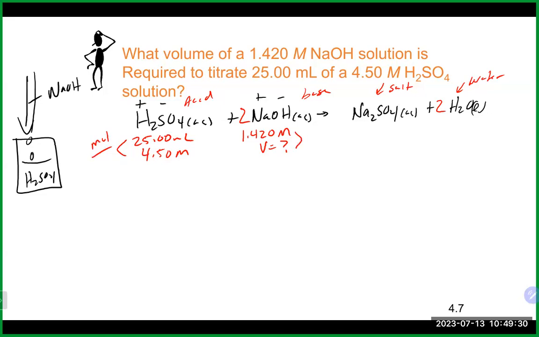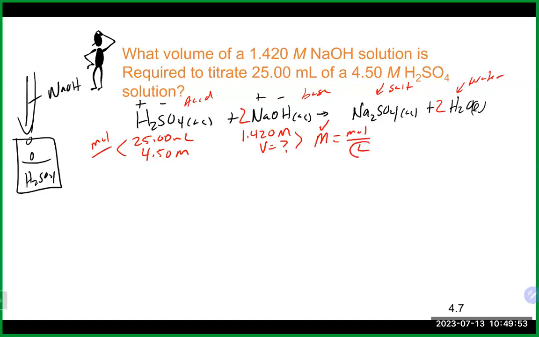So this is just really a basic stoichiometry problem, which means we're just going to follow those 4 steps, which is balance the equation, convert to moles, and so forth. Now we are looking for the volume of our sodium hydroxide, and we do have the molarity given to us, which is moles per liter. So we do have the molarity.